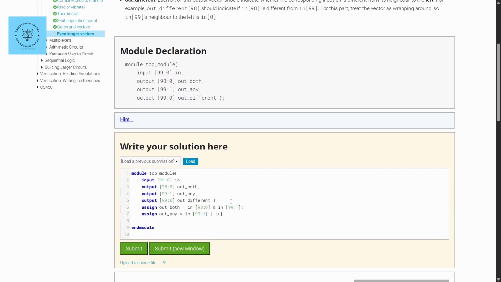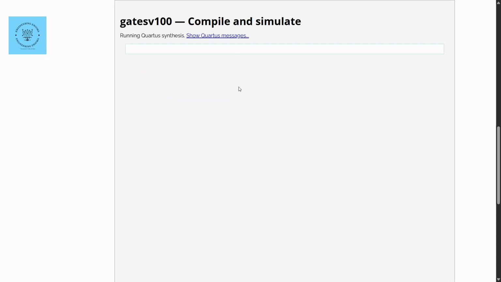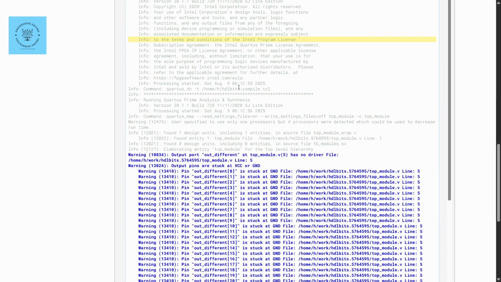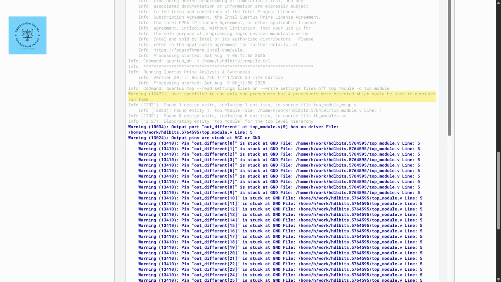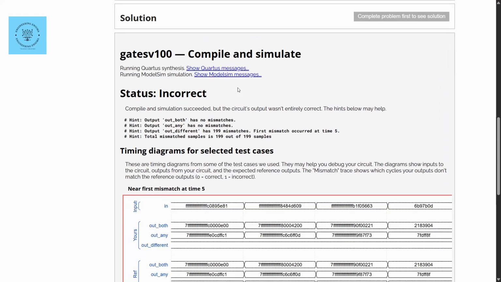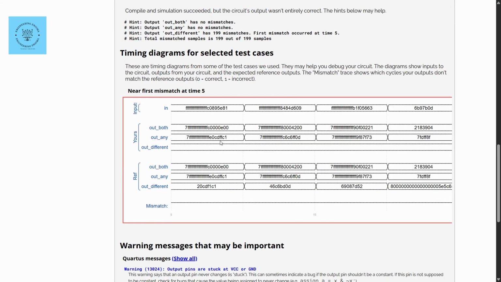Output of any, we have to ignore output of any. Let's submit the code. As you can see, the reference output and our output is matching.